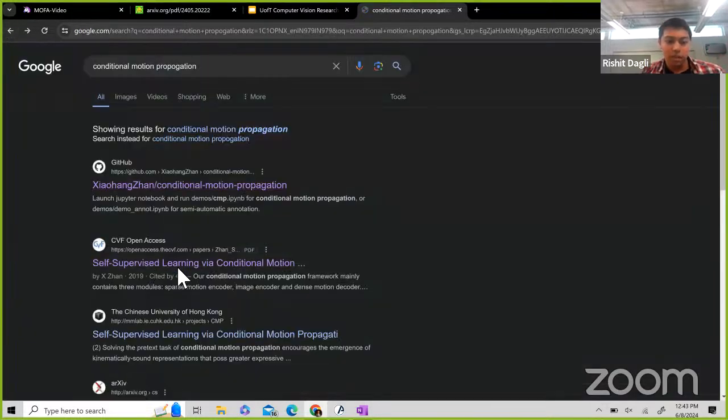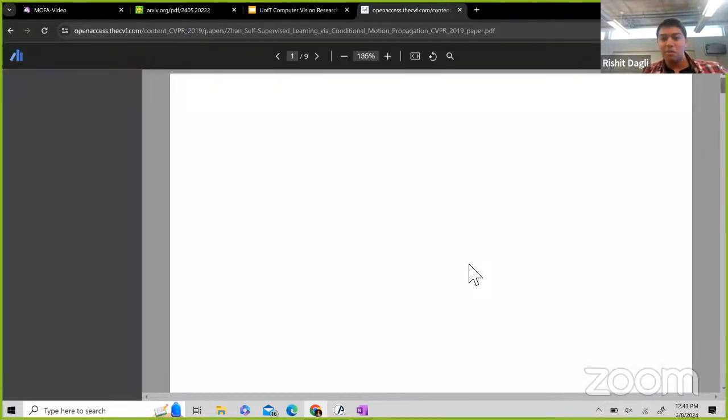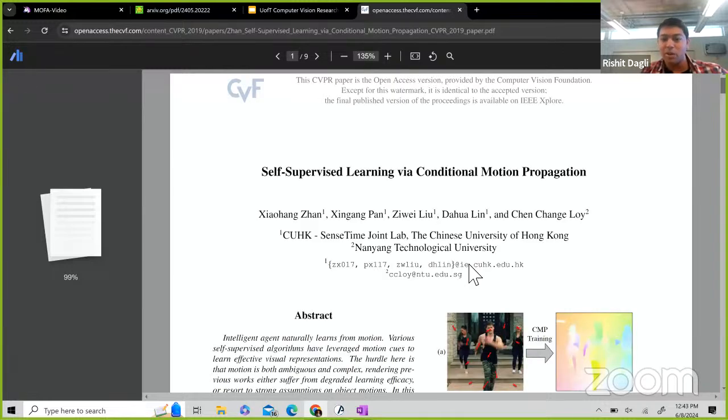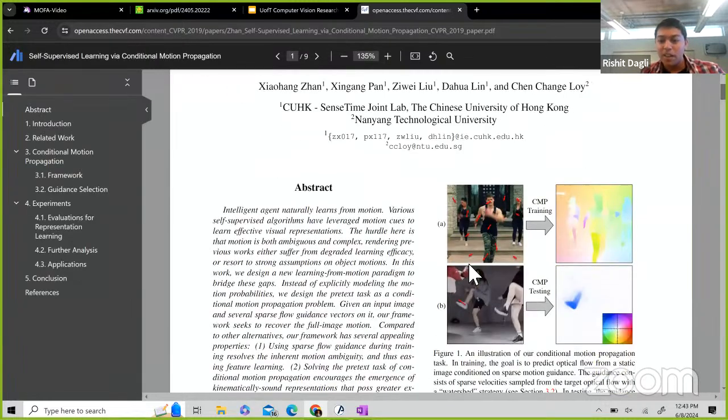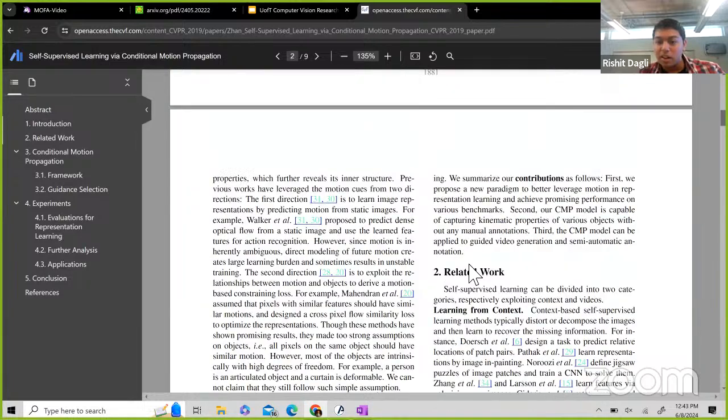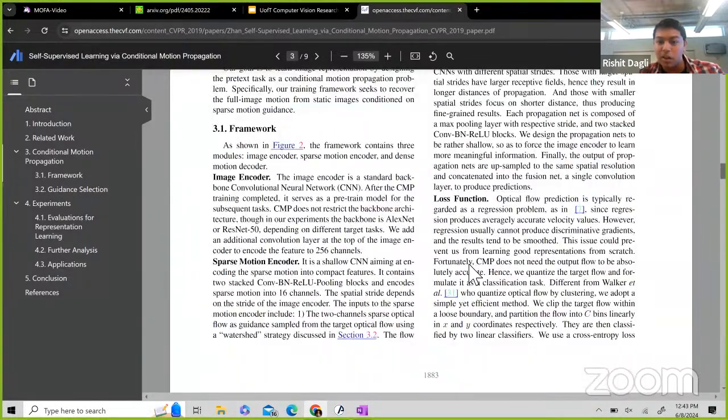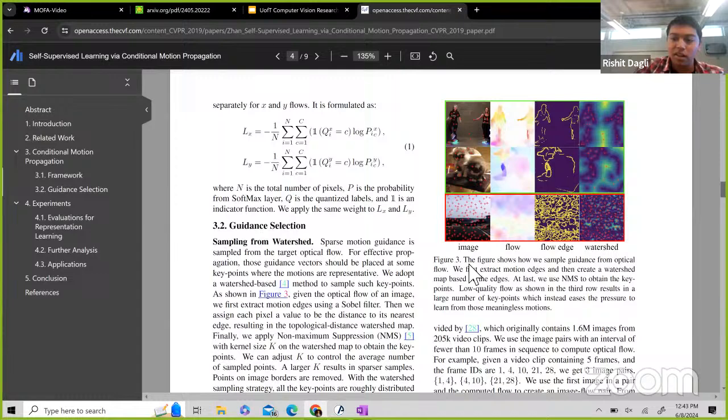And I remember, I don't know if you remember this super popular paper which came out in 2019, and they did this motion stuff really well. So yeah, they had this figure, which these people use as well.